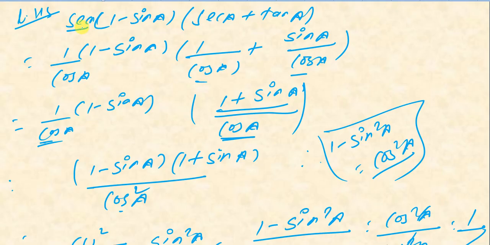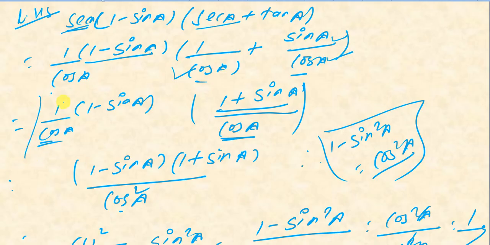Sec A into 1 minus sin A into sec A plus tan A is equal to 1, we are going to prove that. Sec A is equal to 1 upon cos A, 1 minus sin A, same. Sec A is equal to 1 upon cos A, plus tan A is equal to sin A upon cos A, is our formula.